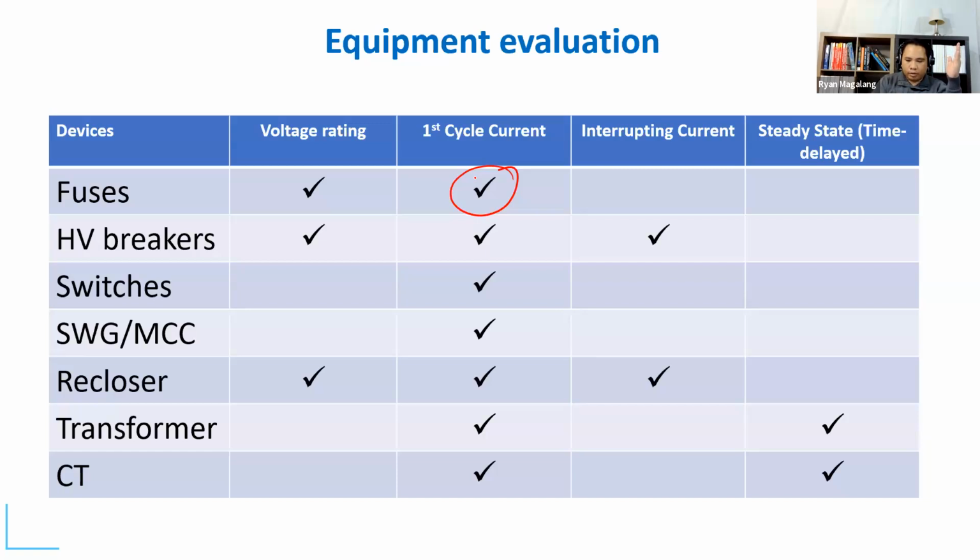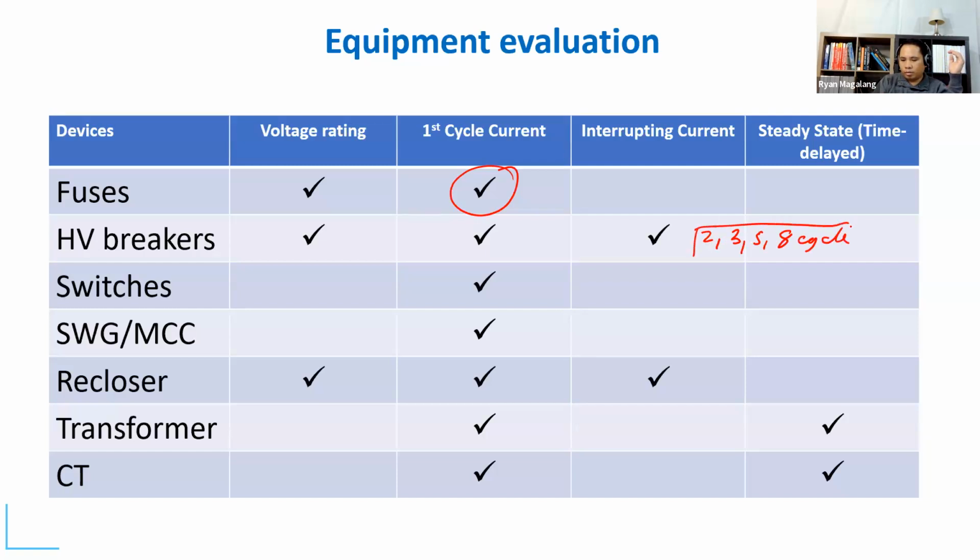High voltage breaker. I said breakers would interrupt the current at around, well, it depends on the breaker design. Now you have 2 cycle, but commonly you have 3, 5, 8 cycles.